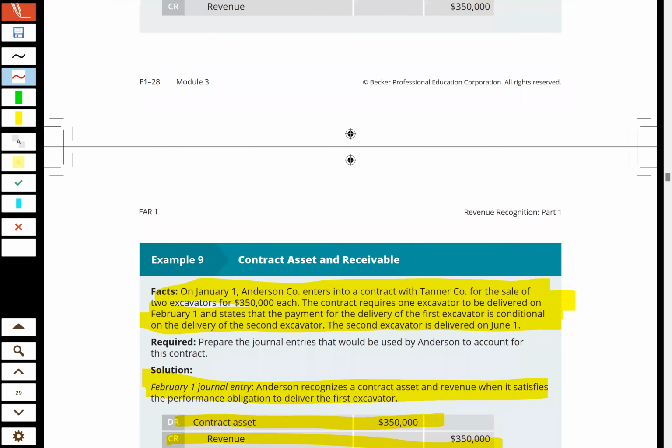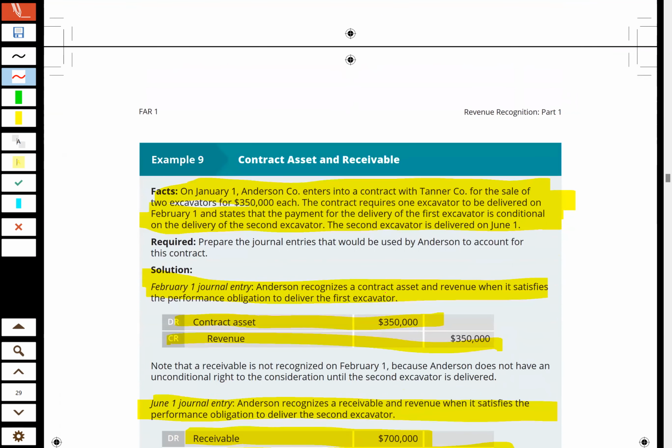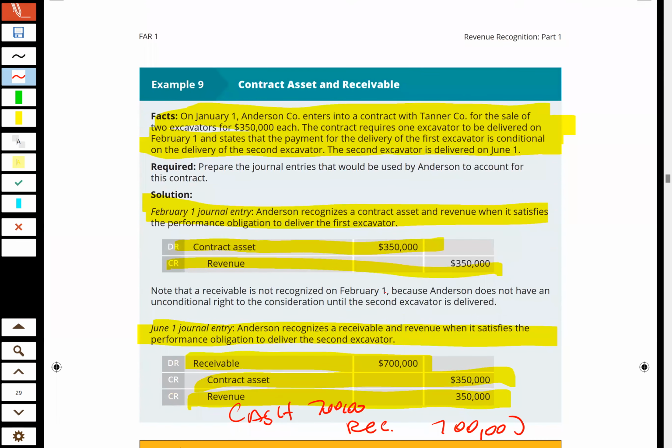So can I ask the question, why would they be recognizing the revenue if it's depending on providing the second excavator? Because it really is getting into the matching principle, because any costs associated with developing that first excavator would have been incurred by February 1st, right?